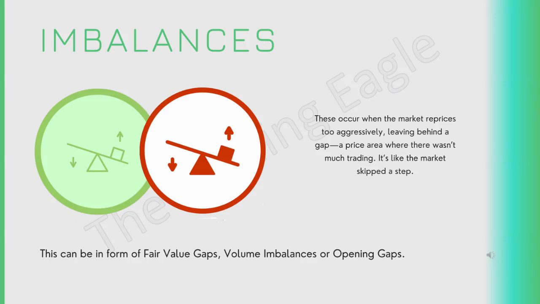I'll get to some other aspects of liquidity, I will explain that as well, but that will be in some other videos. So when the market reprices very quickly, moving aggressively because it's going towards a place, that is when it does that. And it can be in the form of fair value gaps, volume imbalances, or opening gaps. But majorly I'll be talking about fair value gaps because that is the most common one.